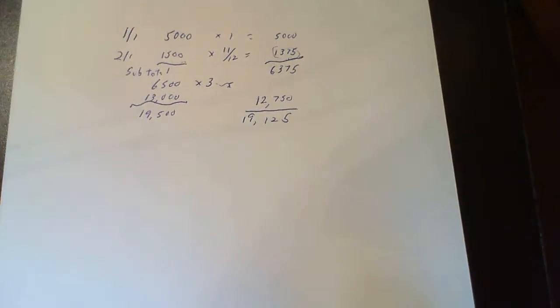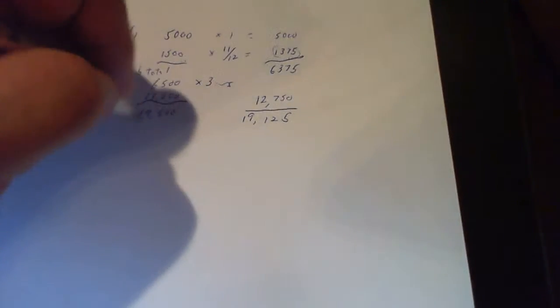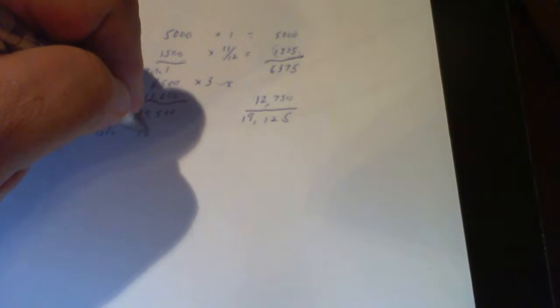And now we get a new subtotal. So the new subtotal is 19,500 shares outstanding, but only 19,125 weighted average shares outstanding. We then have a new issue on June 1st, and that is 1,800 shares.